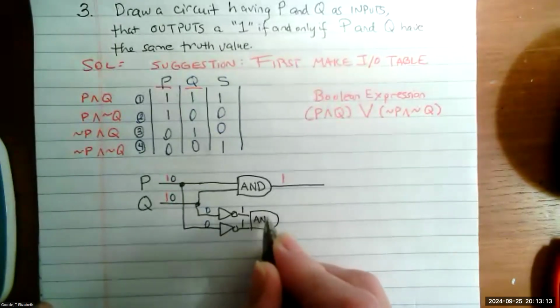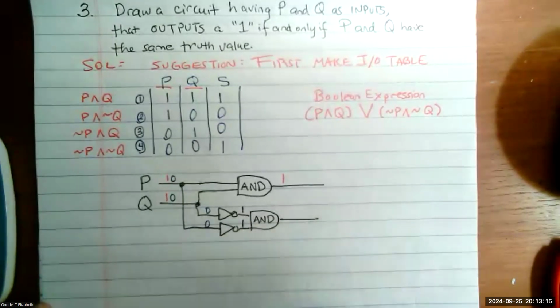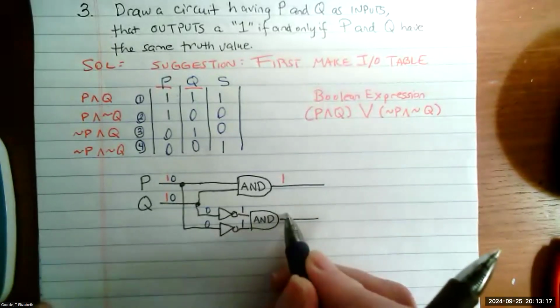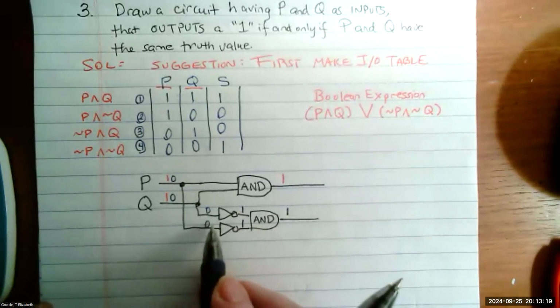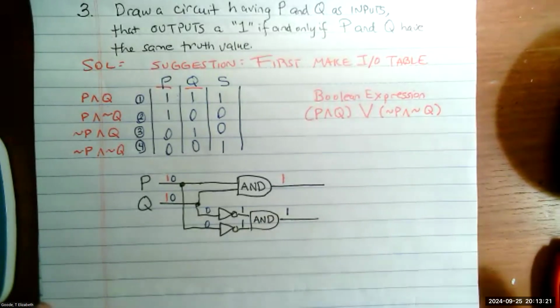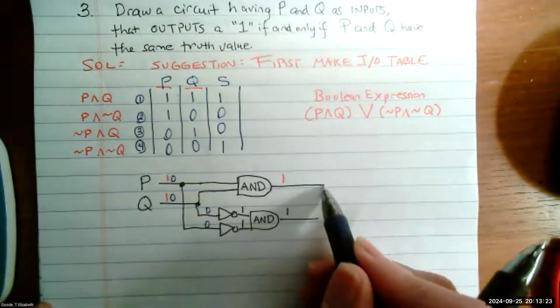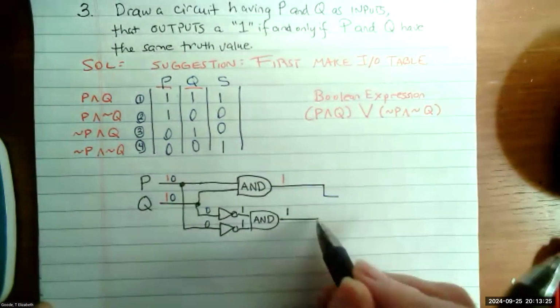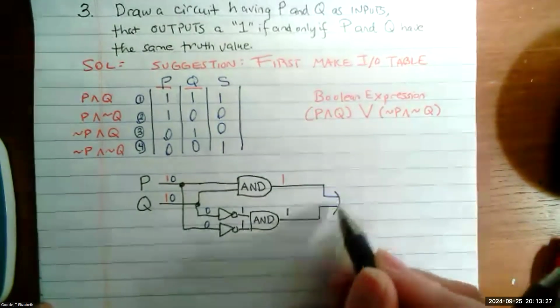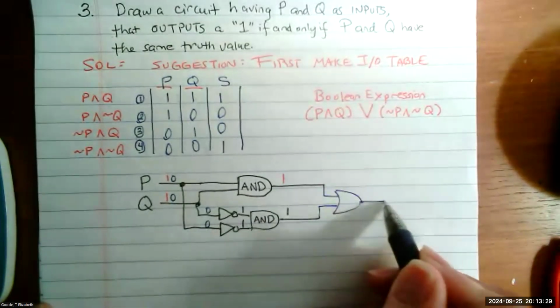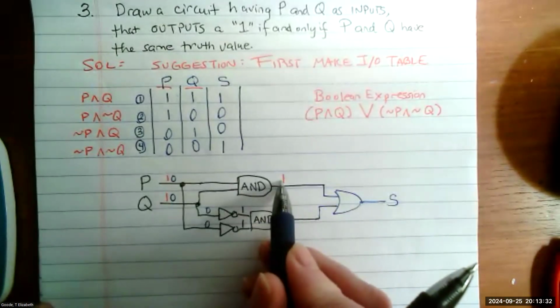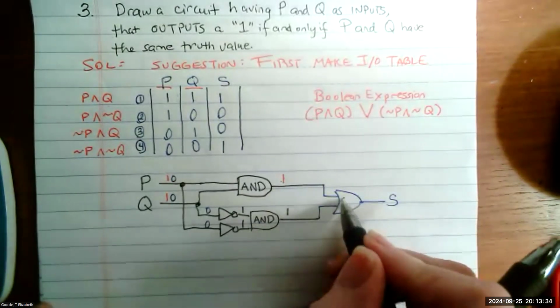It'll output a 1 exactly when both of these are 1, and that happens if they went into the NOT gates as 0s. Does that make sense? Yeah. And then the last thing we do is we OR those together, because we want a 1 to come out if either this was a 1 or this was a 1.